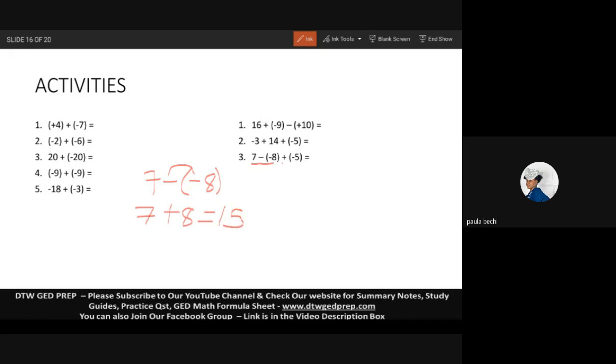Now we bring down the positive negative 5. So you have 15 plus negative 5. Positive negative is a negative sign, minus 5, and 15 minus 5 gives you 10.